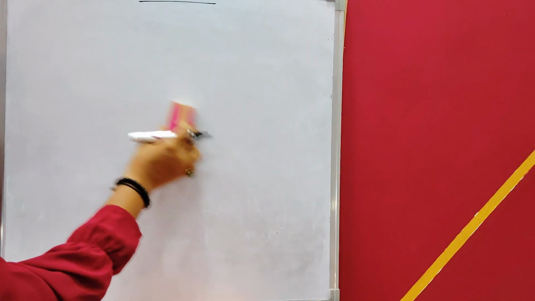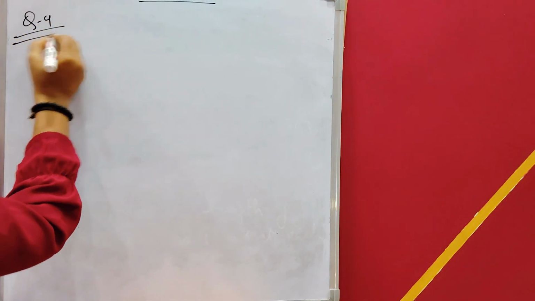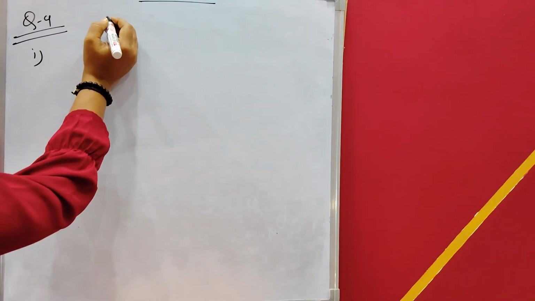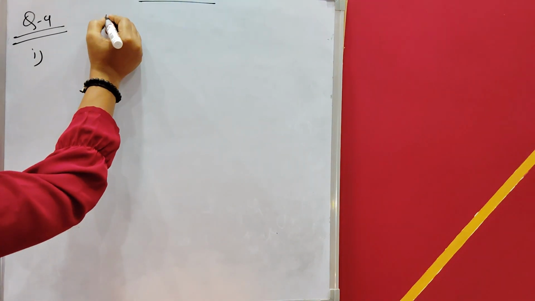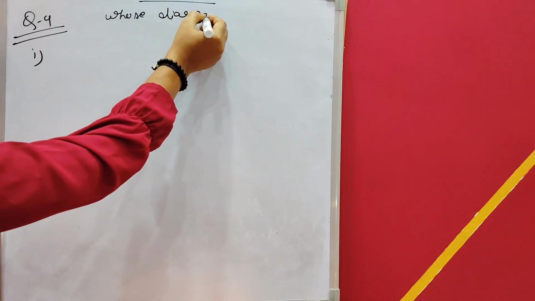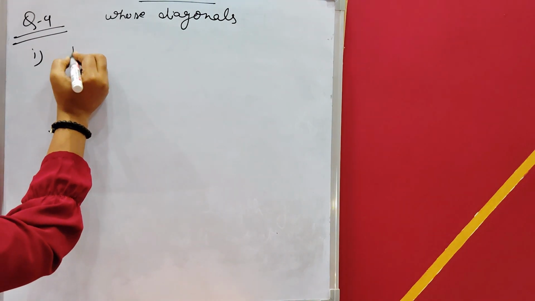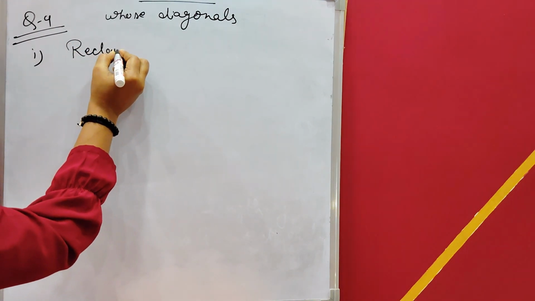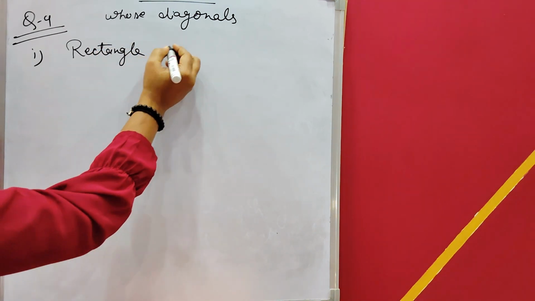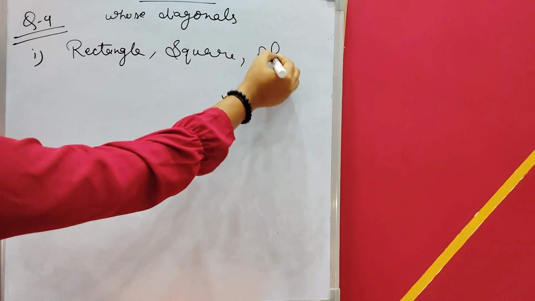Okay. Actually, this is question number 4, and we are talking about the diagonals only. So first, bisect each other. You can give the example, that is a rectangle, then the square also, and then rhombus.